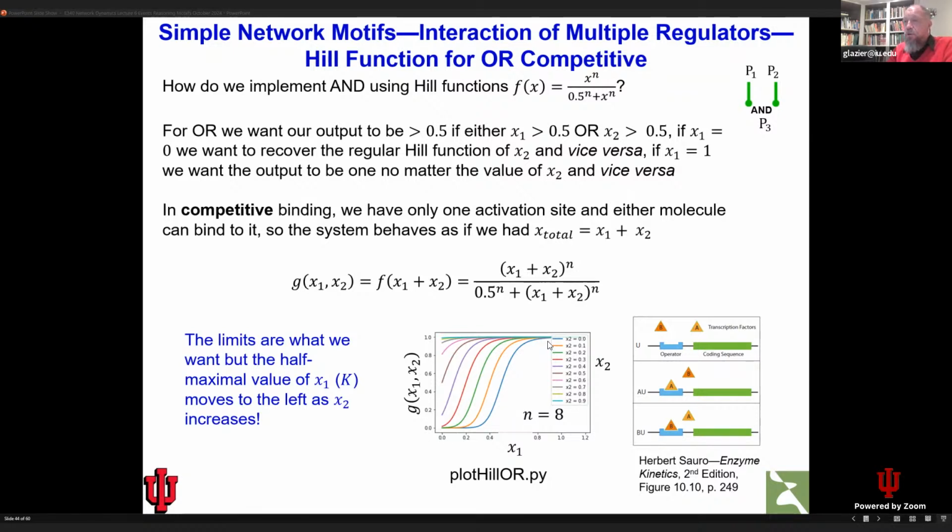Here we get a sigmoid in x1, and as I increase x2, the sigmoid gets shifted to the left. That's a very different result from the one we had for the AND, where the amplitude varied, but the switching position didn't vary. So in this case, the critical concentration gets shifted to the left, but the amplitude doesn't change.